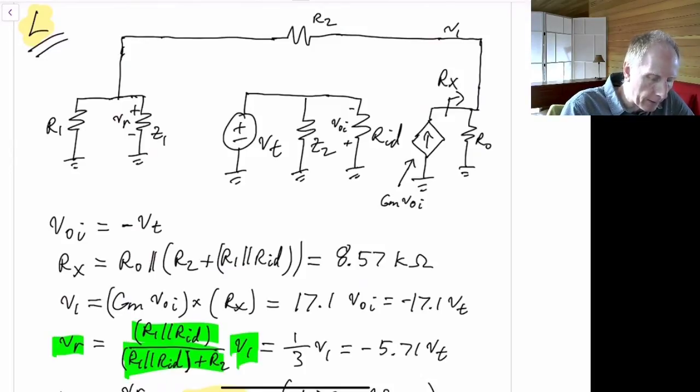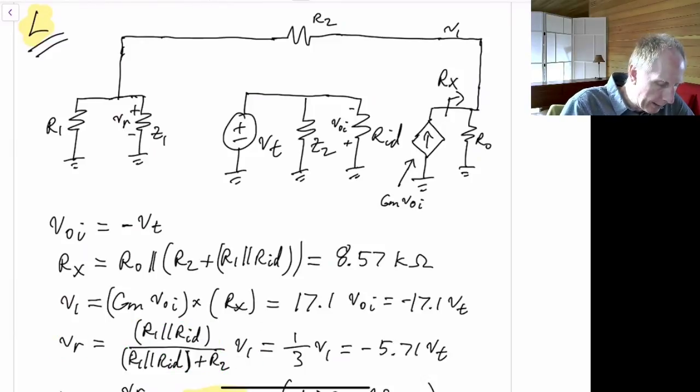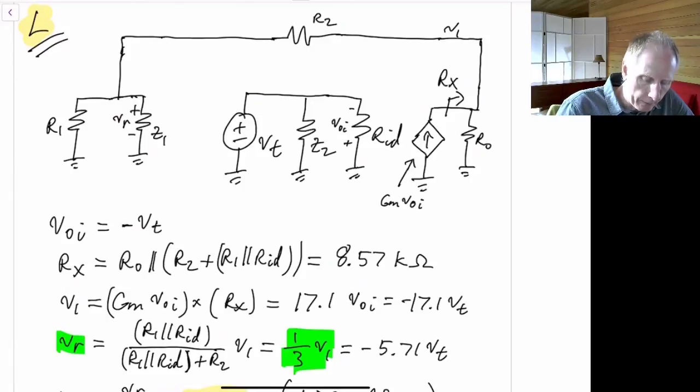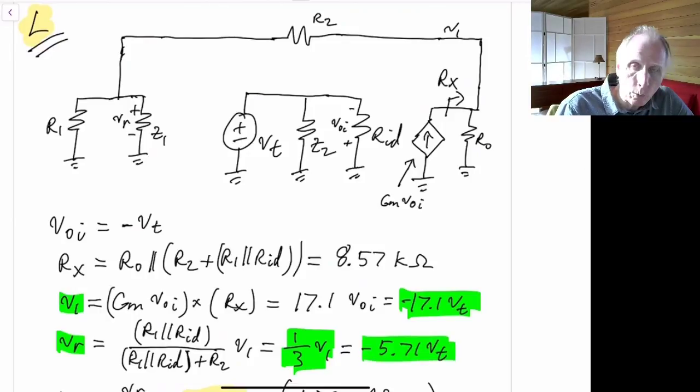That turns out to be a gain of 1/3 going from here to here because of the sizes of the resistors. So then we have that VR is equal to 1/3 times V1. We have V1 given by here, which is minus 17.1 times VT. So it's 1/3 of minus 17.1. So it's minus 5.71 times VT.